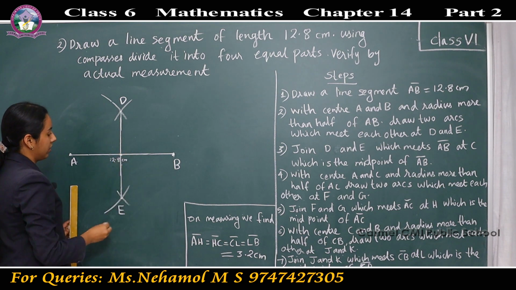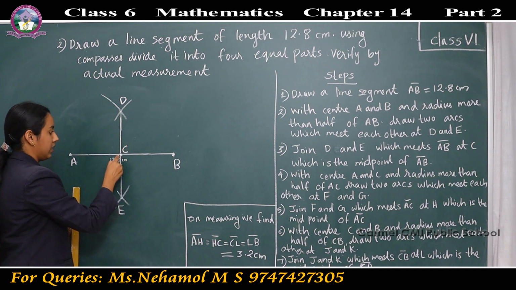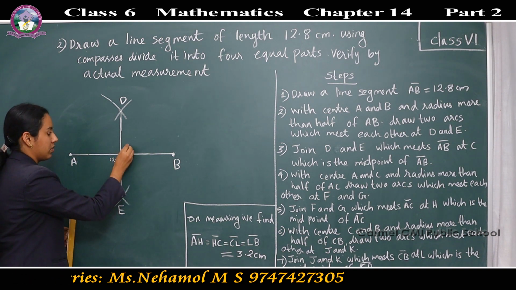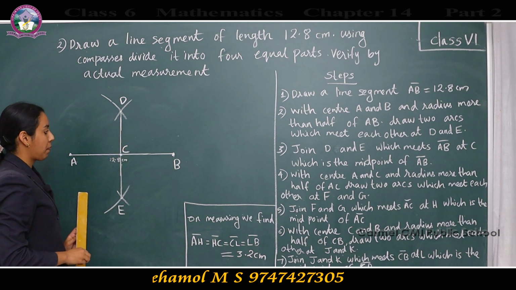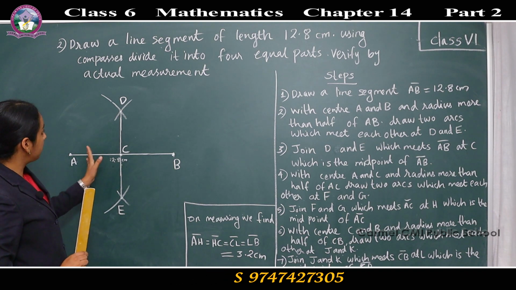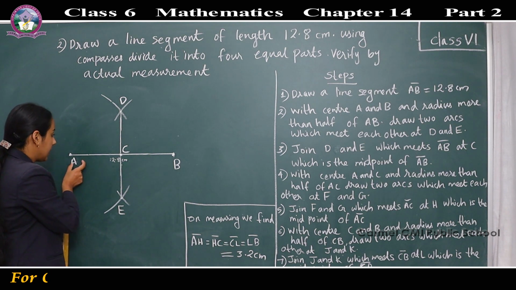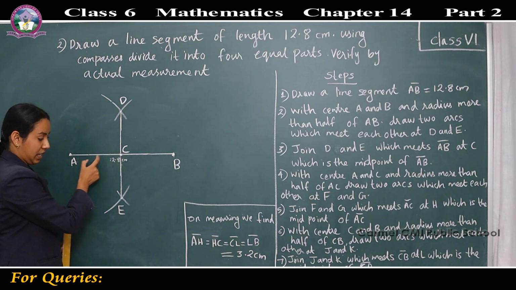Now this point C is the midpoint of AB. We can take it as C. Now we have to divide it into 4 equal parts. So now consider the line segment AC.